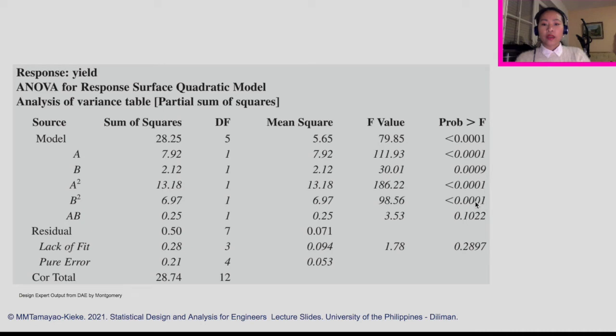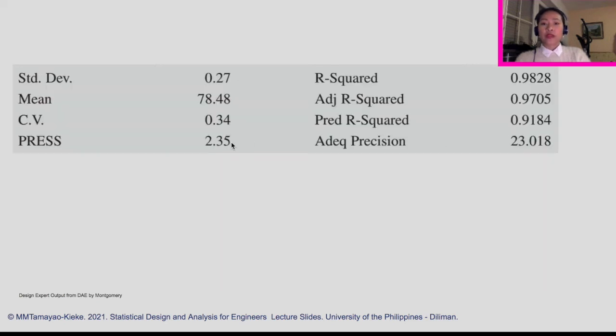The quadratic and the linear are significant at 5%, and of course the model is significant as well. Looking at the R squared, it's very high. Adjusted R squared is not too different from the R squared, and the predicted R squared is also very high. Please review from the previous lecture what these imply.